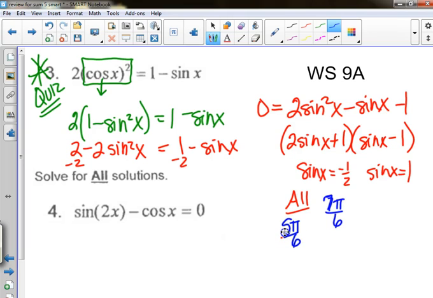I feel like 5 pi over 6 is not right, because that would have a positive sine, right? 11 pi over 6 and 7 pi over 6. Can I write like plus or minus something? Not so much. I can put the plus or minus 2 pi in on the end. I have to do that. All right, and where's the sine 1?